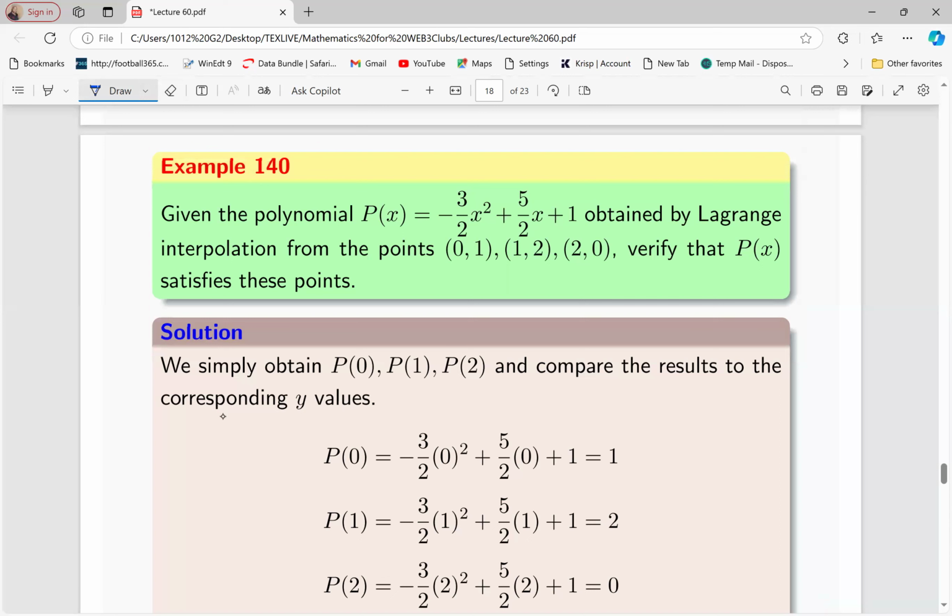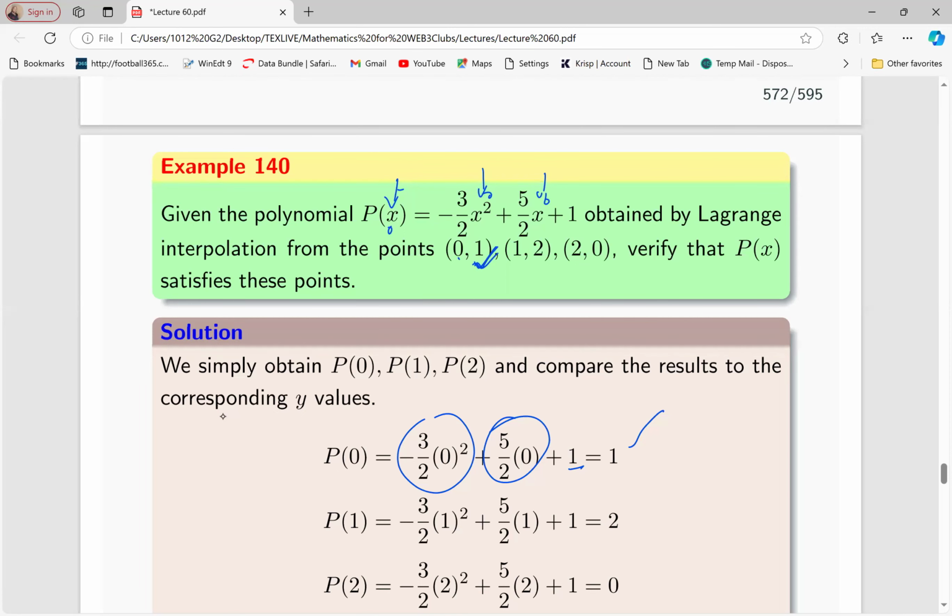For instance, if I take the polynomial and insert the value of x, which is 0, to get p(0), everywhere there's x, I'm just putting 0. When you do that, this one gives you 0, this one gives you 0, and you're left with 1, which agrees that when x is 0, y will be 1.